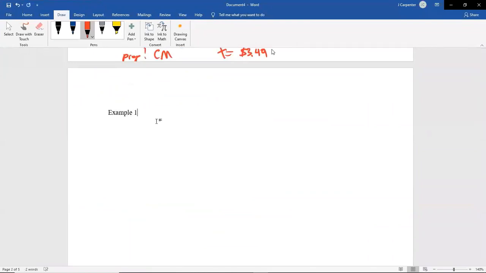So example, let's just call it 1. And I really like fruit for this just because it's simple to do. A store sells 11 apples one day and 77 oranges on Monday.